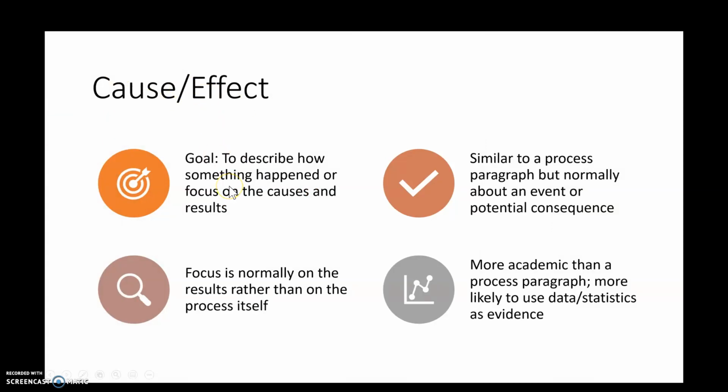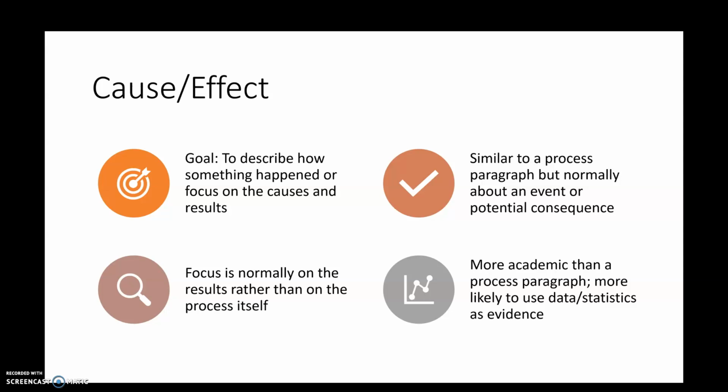Cause and effect is similar to a process, but the goal is to describe how something happened or focus on the causes and the results. The focus is on the results more than the process itself. So instead of saying first you do this, second you do this, you're focusing on as a result of X, Y happened.